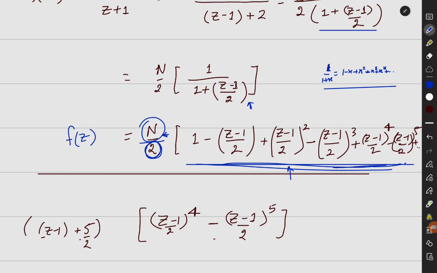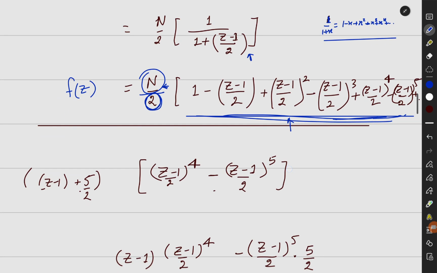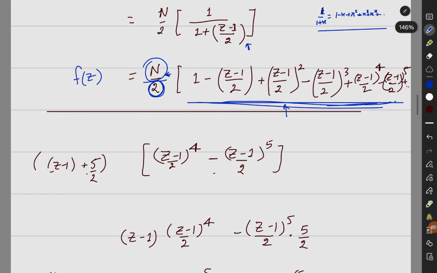But first we calculate the coefficient of the fifth power term, (z minus 1) to the power 5. So we write the numerator over 2 as it is, and then the z to the power 4 term and the z to the power 5 term. We are not writing the z to the power 3 term because after multiplication with the numerator over 2 it will not give us a fifth power term. So fifth power terms will come from these two things only.